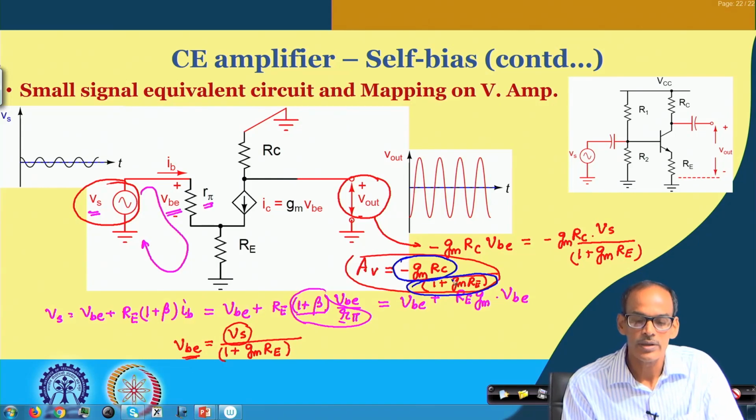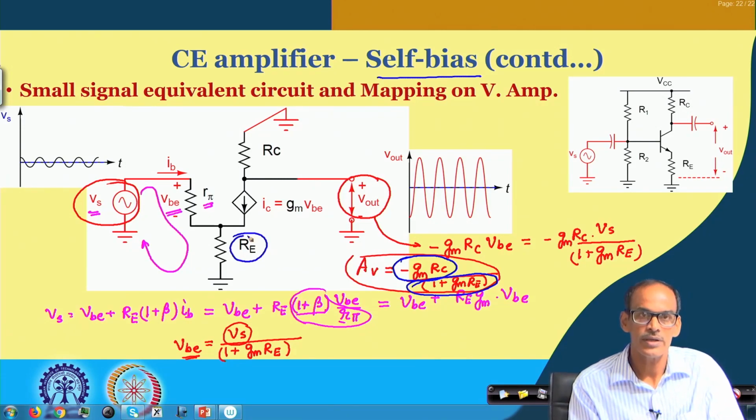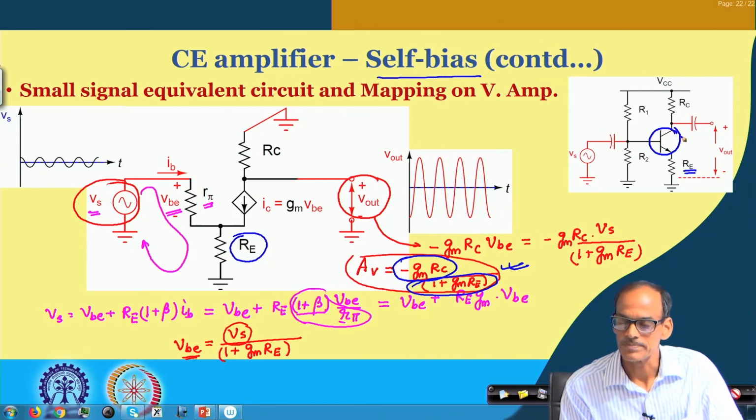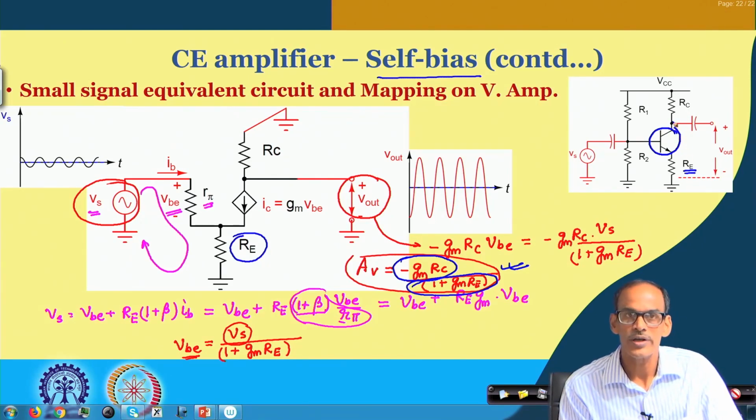We will be talking about that. In this self-bias circuit, because we do have this R_E present at the emitter, it is degrading the gain. In fact, the main motivation of putting this R_E is to stabilize the operating point of the circuit in case beta is changing. So, you can think of R_E as desensitizing the circuit, or rather its operating point is getting desensitized against the variation of beta.